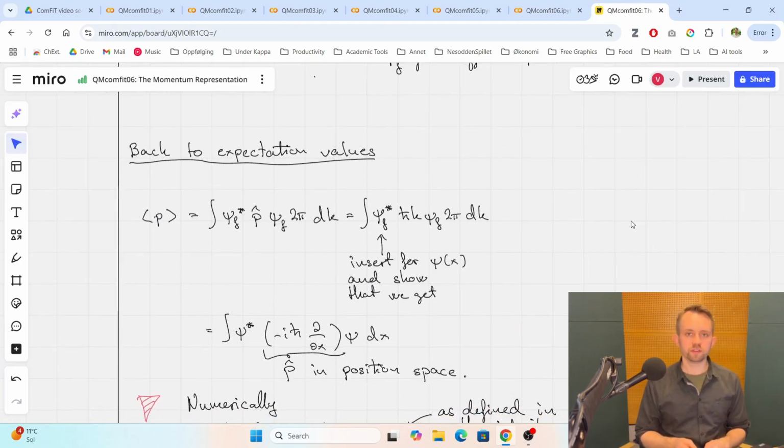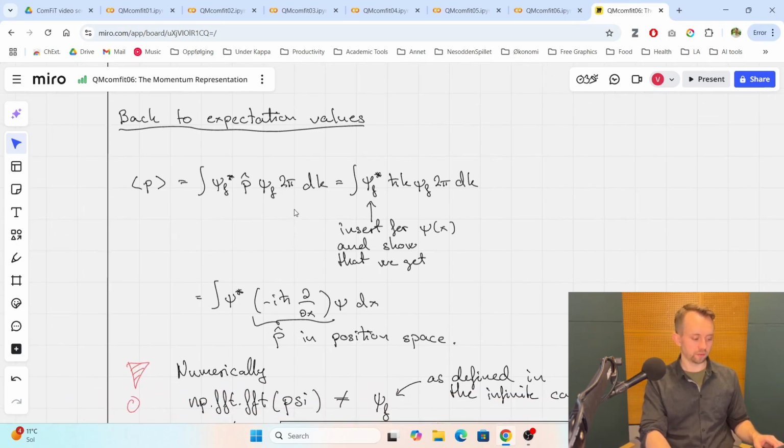So given this definition of the momentum representation, we can get back to expectation values. In particular, we can look at how to calculate expectation values in momentum space. Exactly the same way that you are allowed to calculate expectation values of the momentum operator in real space by using the momentum operator, we can use the momentum operator in the momentum representation to calculate the expectation value also there.